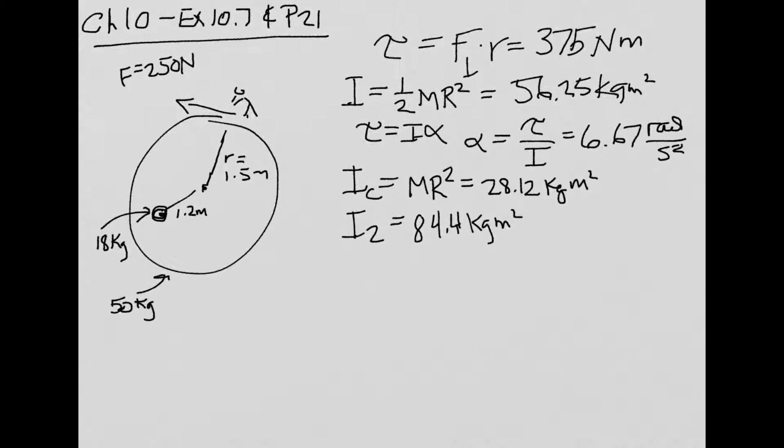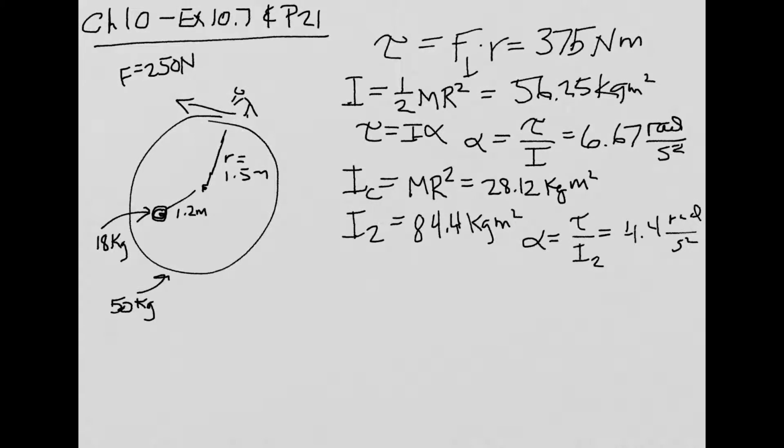Now when I find alpha of the merry-go-round and the child together, that's the same torque over the new moment of inertia. So 375 newton meters divided by 84.4 kilogram meters squared, which is 4.4 radians per second squared. So that was example 10.7.